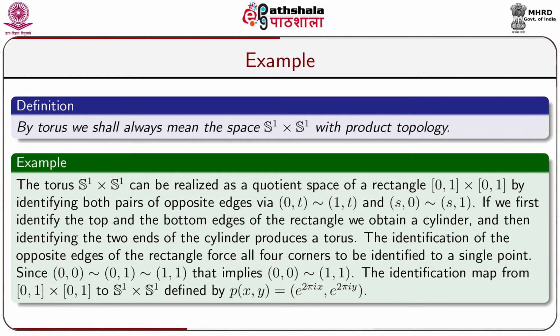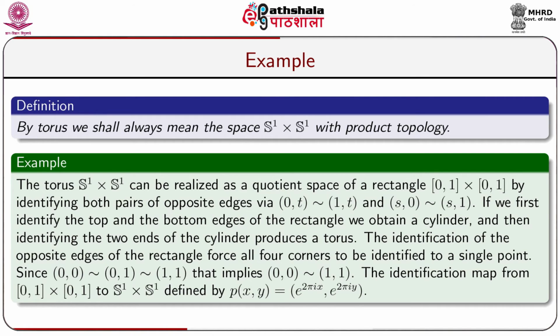Quite similarly, we can prove that the torus is formed from I cross I by identifying the left side and right side and the upper side and lower side. In fact, we can define the torus as S1 cross S1 with the usual product topology.